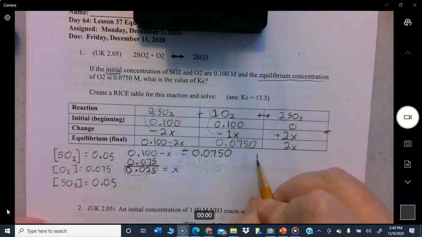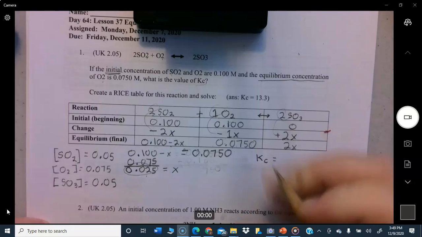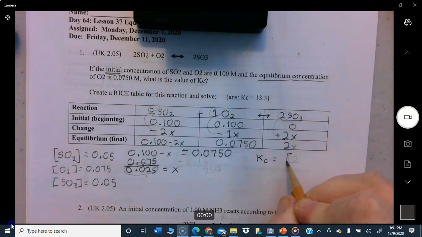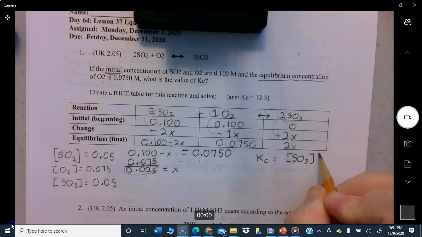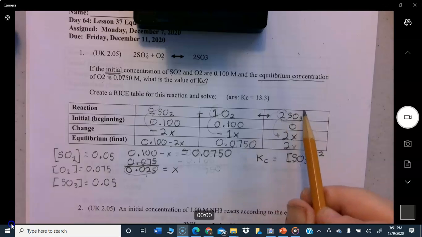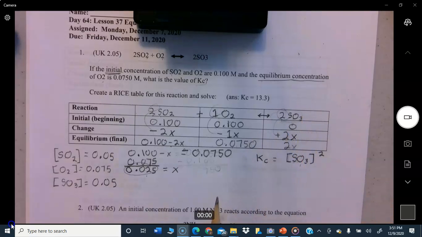So let's always write the general law of mass action before you plug in numbers, okay? Kc equals, include the 2 in the coefficient, it goes up in the exponent, like that. So again, it's the concentration of SO3 raised to the second power, raised to the power of whatever its coefficient is.